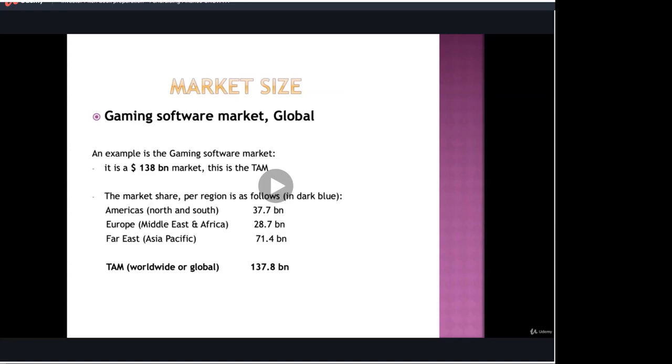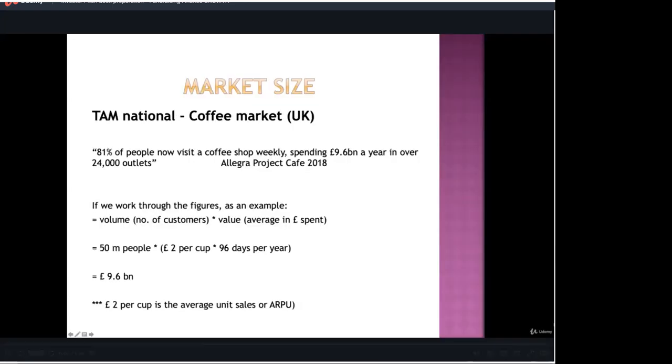Arvind put in here, Microsoft bought Minecraft for 2.2 billion, right? Okay. Let's see the coffee market. TAM national, coffee market UK. Let's take an example of coffee from a market research report by Allegra Project Café 2018.